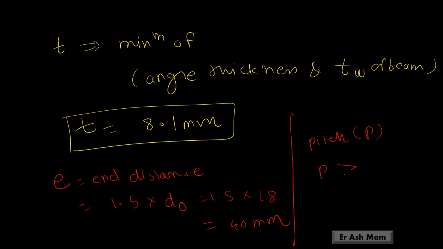Pitch should be greater than 2.5 times nominal diameter. We know that 2.5, nominal diameter is 18. This value we can consider on higher side, so it comes out to be near about 50. So we are going on higher side, so p will be 65 mm. You can assume 60 mm, 65 mm, 70 mm, etc. Go for higher side.